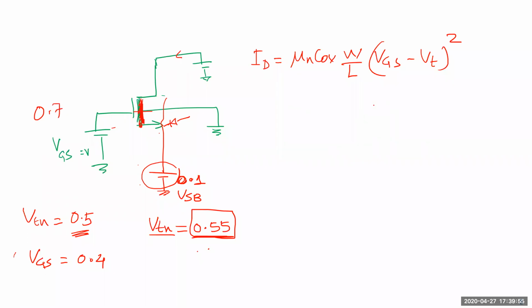Then my ID would be whatever this beta term is, then VGS is 0.7 minus 0.1, that is 0.6, minus VTN which is 0.5, squared. But VTN is not 0.5 anymore, it's 0.55. So your current is actually lower now. So this new ID for a given VSB is lower now.